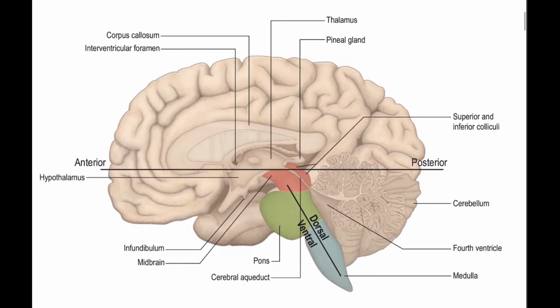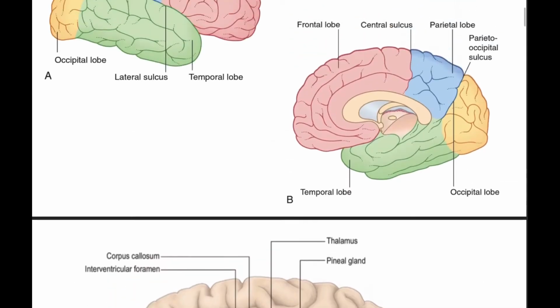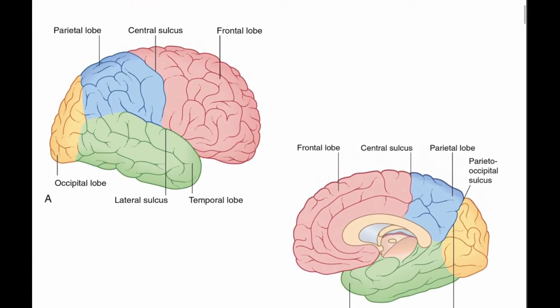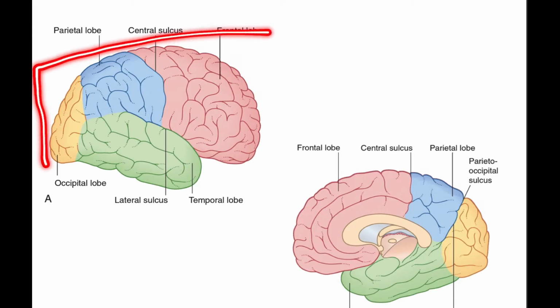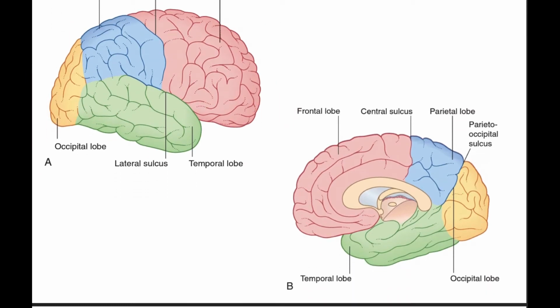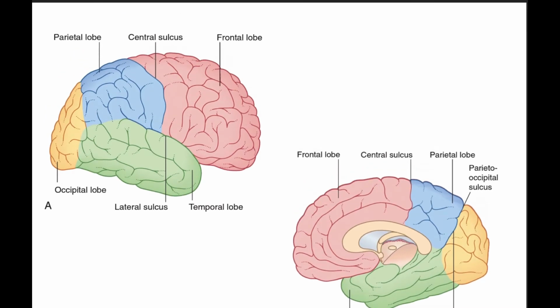So what is this section we are seeing? When you slice a brain, that is, when you cut a brain like this with a slide, you will have a side view of the brain, that is the lateral view.